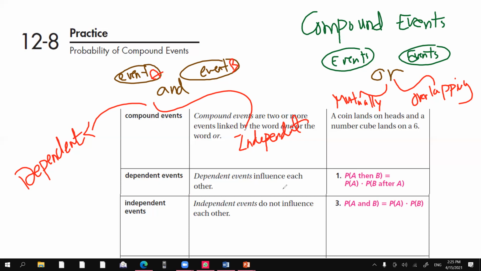It means when you choose the first one, you look at it, you say it's red, you record it, then you put it back. So this will be independent, because if I take the same ball next time, it doesn't matter. But with dependent, no. If I choose the red, maybe there's no red left.